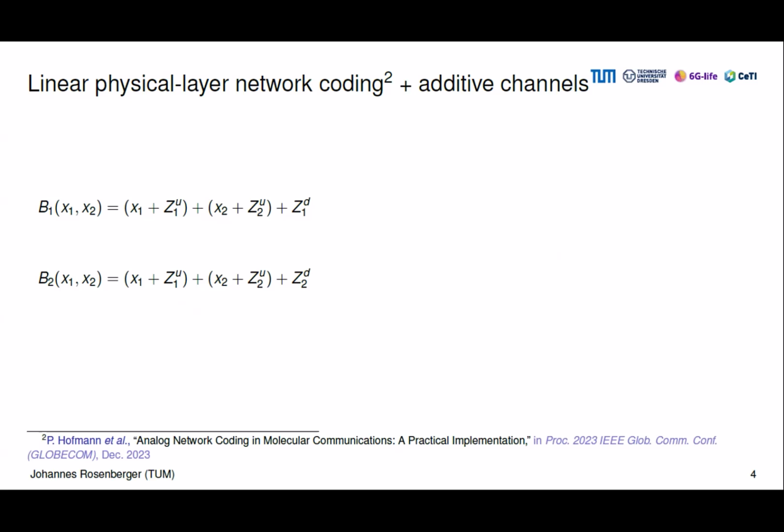What one might want to do there, if you have an additive channel, is this: the output in the end is the addition of the two inputs, with each uplink noise, this Z_U, and a downlink noise in the end.